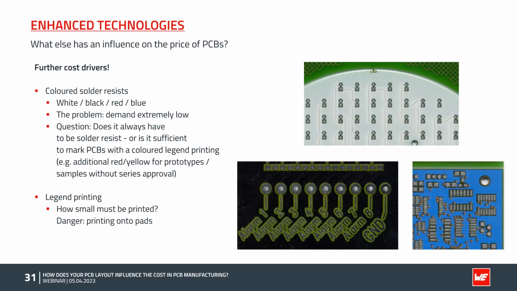Sometimes we see with customers that maybe they forgot, because during prototyping, when they did a hand assembly, they had the legend printing to see where all the components need to go. But when it goes to series manufacturing, it actually isn't needed anymore. So then just tell us, get rid of it, and that's it. Another thing is, in the CAD systems, there is often the problem that legend printing overlaps the solder pads.